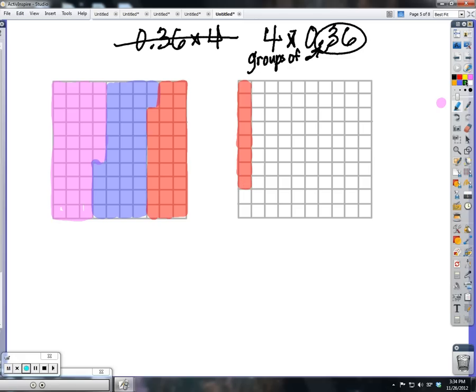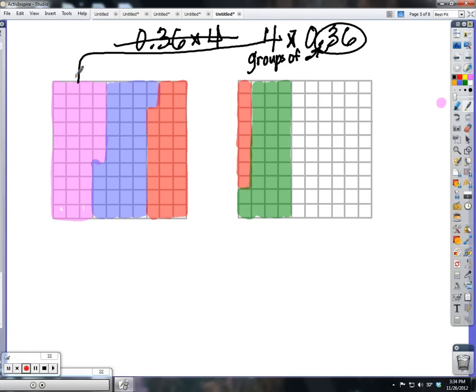And finally, I need a fourth group of 36/100ths. So there's 2, 12, 26, and 36. Now I have my 4 groups of 36/100ths.